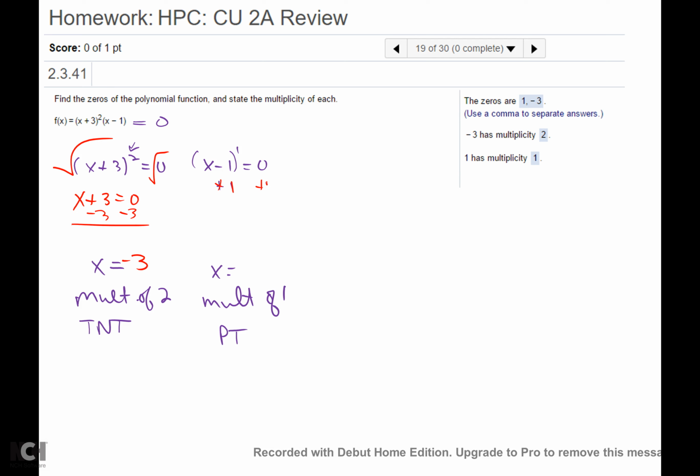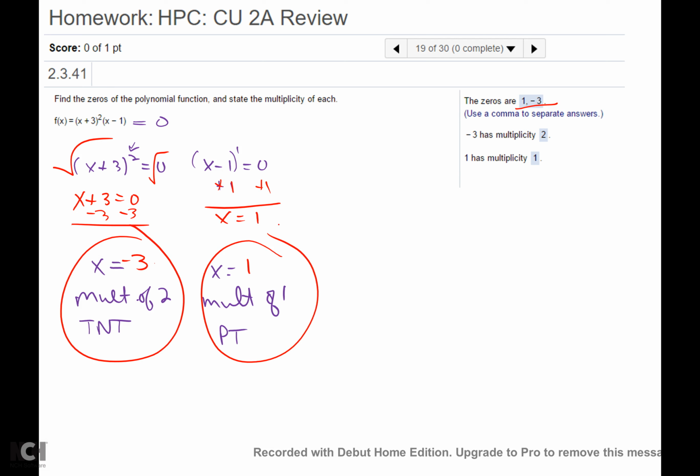Add 1, I get x equals 1. So the zeros are 1 and negative 3, doesn't matter what order you put them in. Negative 3 has a multiplicity of 2, and 1 has a multiplicity of 1. And you can see here at negative 3, it just touches and turns, it doesn't pass through, but at 1, it crosses all the way through and keeps going.